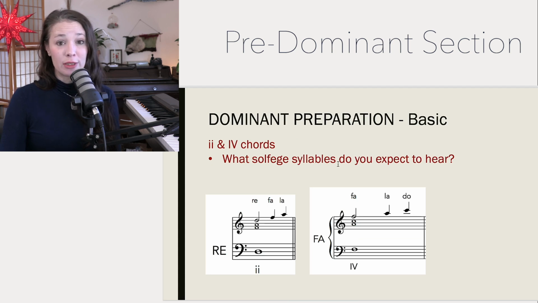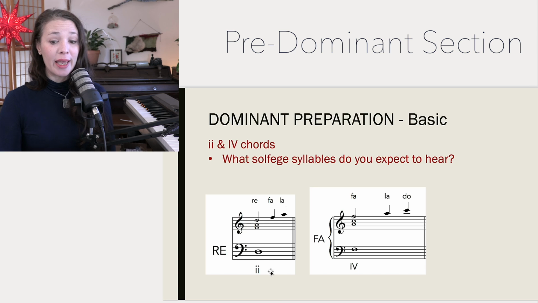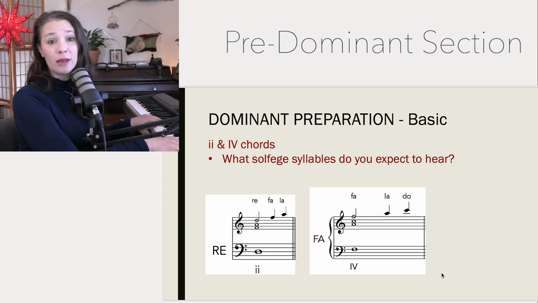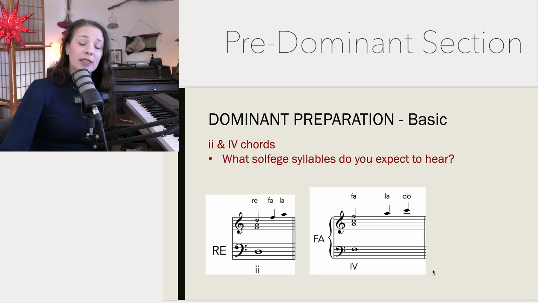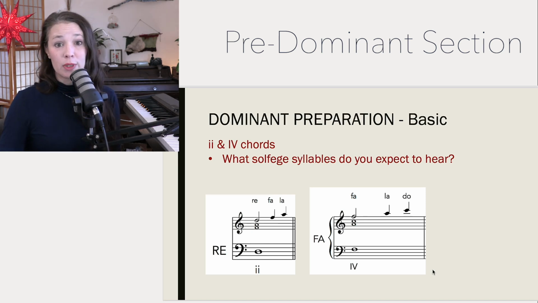Now, what solfege syllables do you expect to hear? For the 2 chord, re in root position. So these are the root position chords, re and fa. You can add in on the back of your re card the 2 chord in root position under predominant. And on the fa, you can add in the 4 chord in root position.